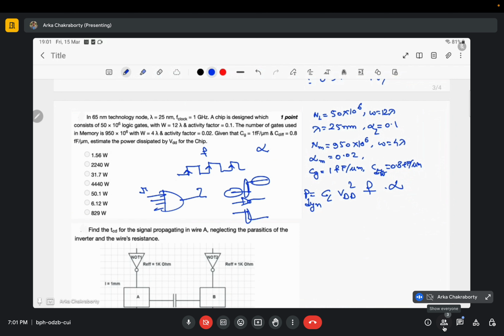So the expression of dynamic power becomes CL VDD square into f into alpha, for one gate. And if there are n such gates, then the term n would also come into picture: n f alpha CL VDD square.